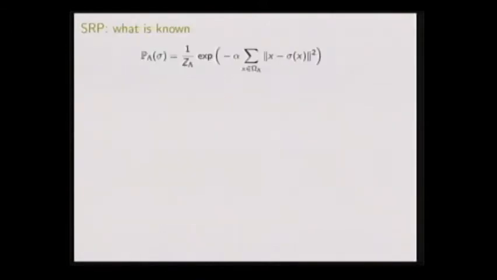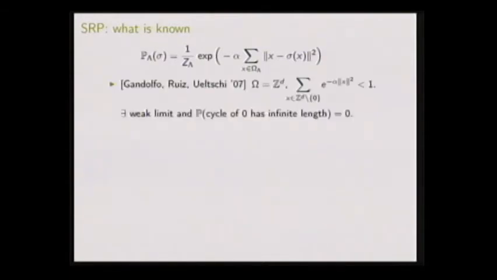So OK, now that we have all this, let us see what is known for the problem. Or, well, a brief review, not all, but mostly the main highlights. So the first result was by Gandolfo, Ruiz, and Wouts in '07. And they proved that under some condition on the choice of alpha, namely that this quantity be less than 1, then there exists a weak limit for the specification.